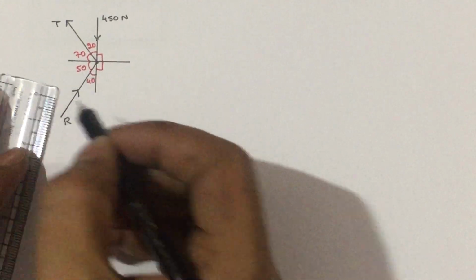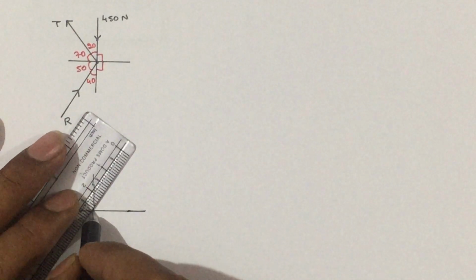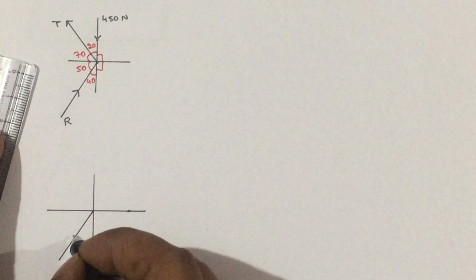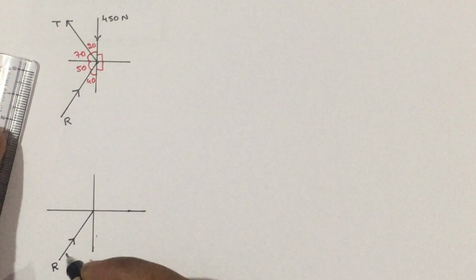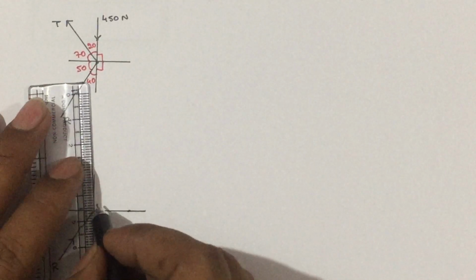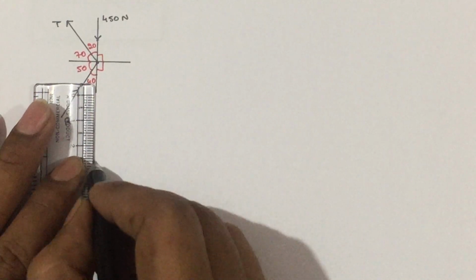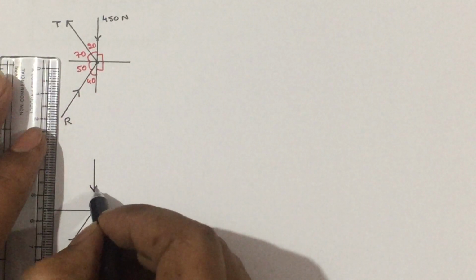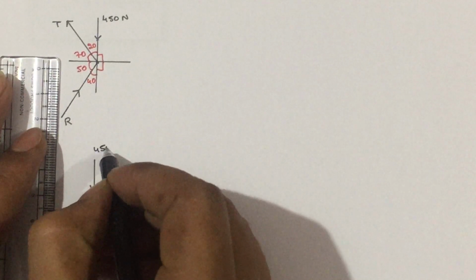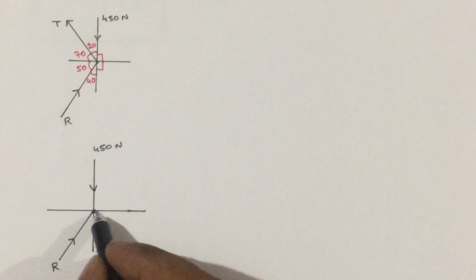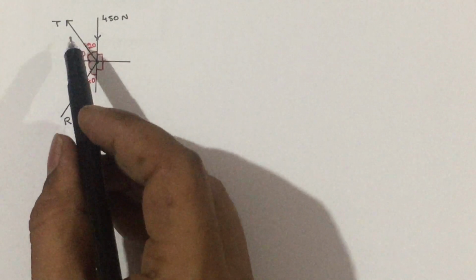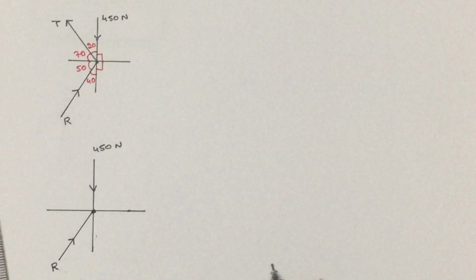So, one force is this one, that is R. Another force is 450. These 2 forces are acting towards the point. But what about the tension force? It is acting away from the point.